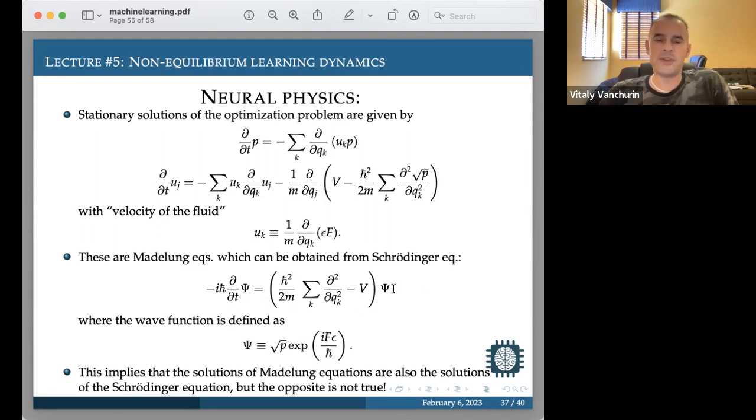Now, the reason why there are solutions of the Schrodinger equation that are not solutions of the Madelung equations is in this formula. And it is actually very much related to the problem of complexification of the state of the neuron that we discussed in the first lecture.